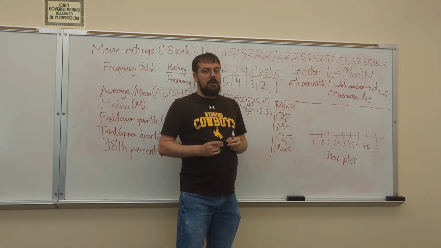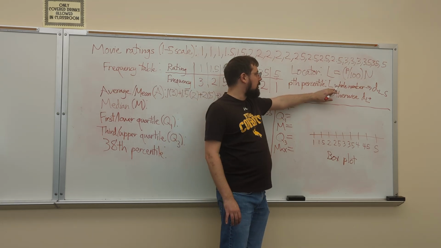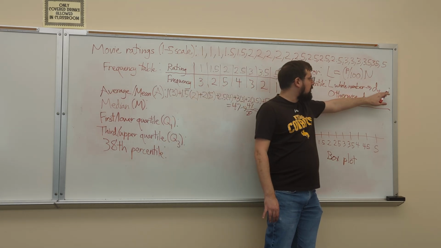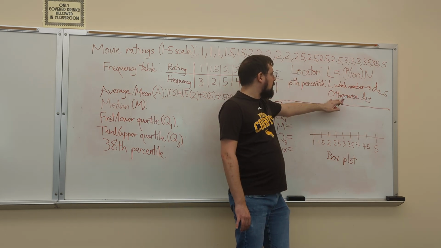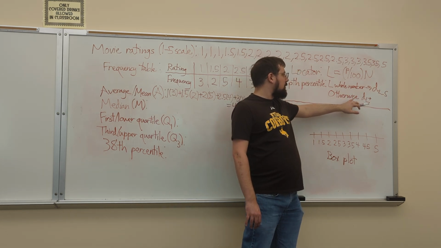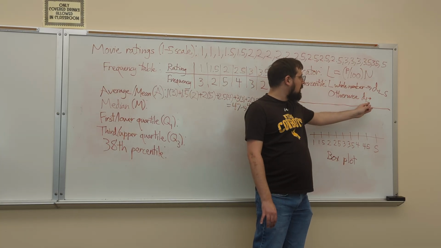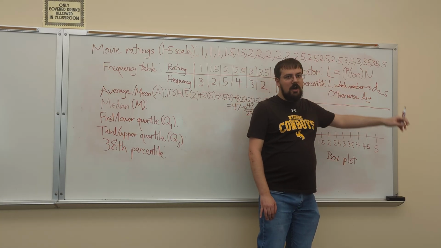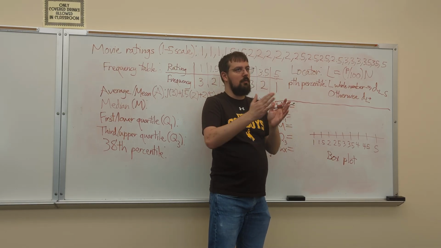Once we have our locator, one of two things can happen. Either our locator is a whole number, in which case we go for data point number L.5, or if it's not a whole number, we do data point L+. What do these L.5 and L+ mean? Well, L.5 basically means the average of that data point number and the one above it.